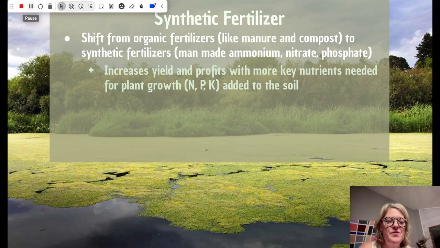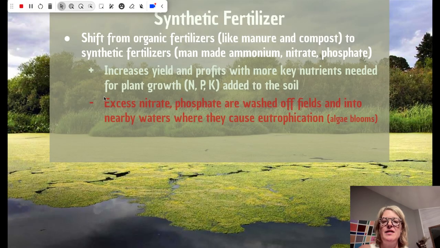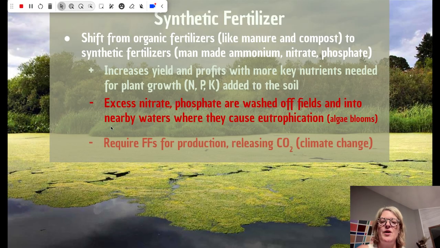It's added to the soil to improve the growth of the plant. An issue with this is that we have excess nitrates and phosphates that will now run off the fields and into nearby waters where they create eutrophic environments. If you remember, that's where algal blooms grow, lots of excess algae grows, and it eventually will kill off the other organisms that live in the waterway.